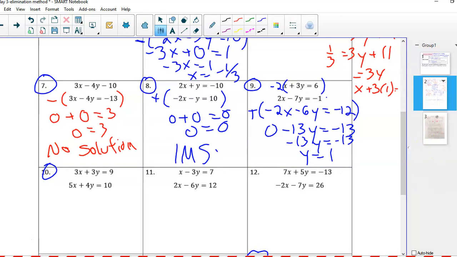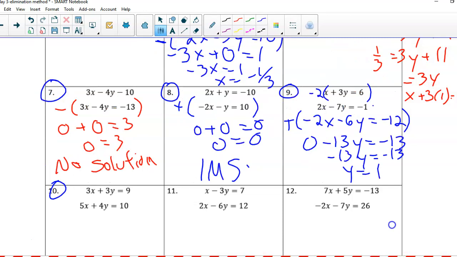And so x plus 3 equals 6. My pen is not writing what I write.